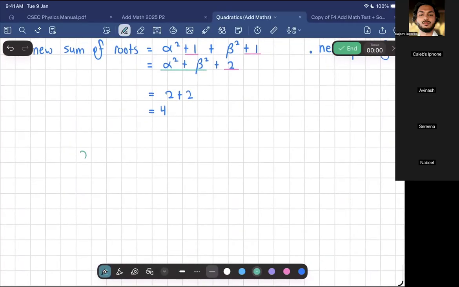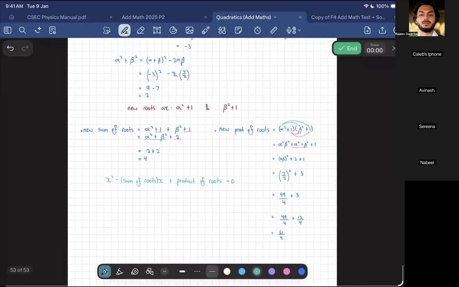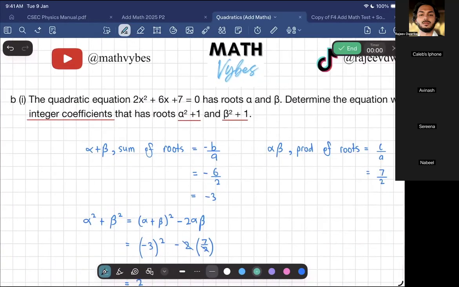X squared minus the sum of the roots times x plus the product of the roots equals 0. And we need to write our answer with integer coefficients.